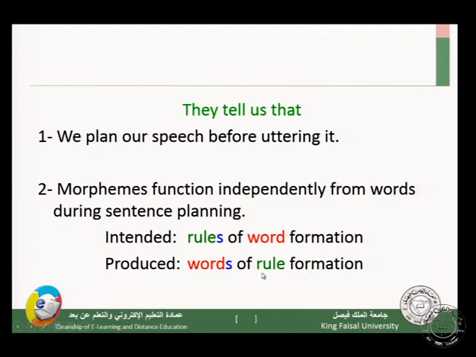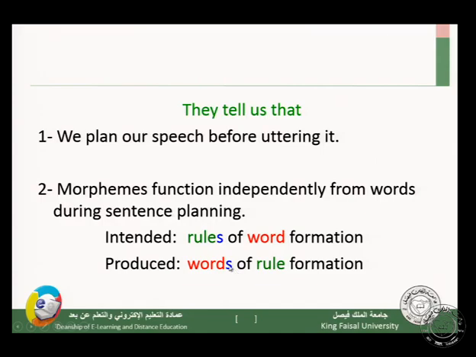It is produced wrongly, not because it is just a random mistake. Here we have the plural s in words of rule formation. Why does the speaker have this plural s?